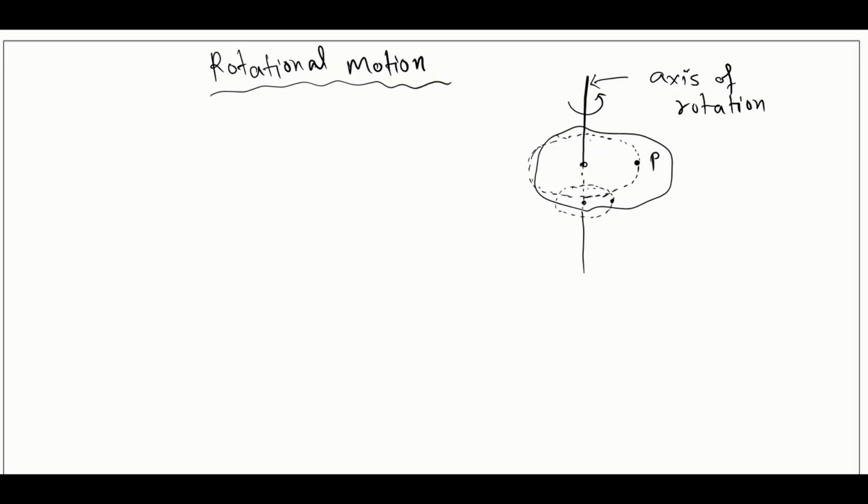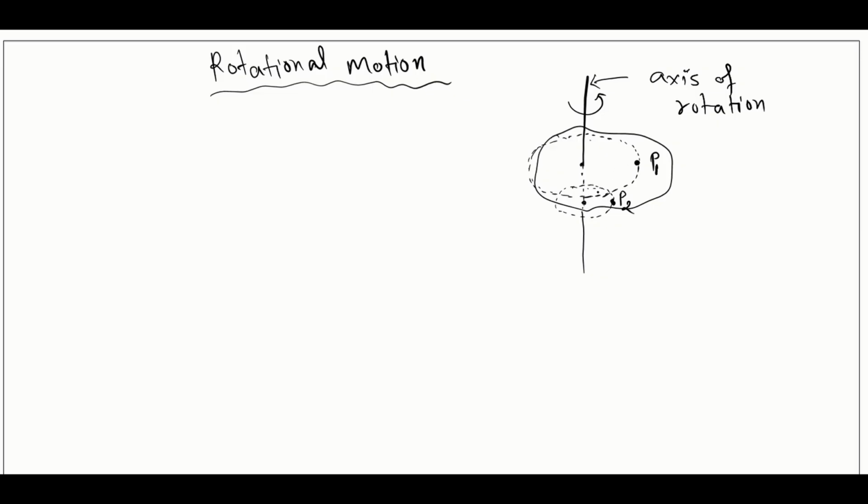This is P1, let's say, and this is the P2 particle. While rotating this object, both of these particles will rotate in a circle, and both circles will be in some particular plane.